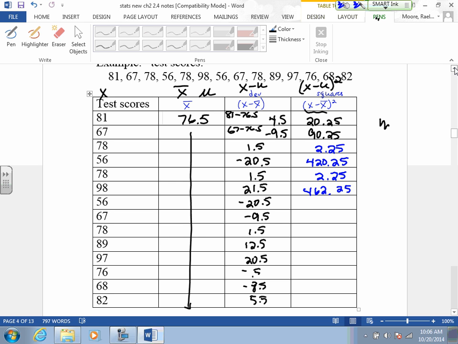This is the same as the other one, 420.25. 90.25. 2.25. 156.25. 420.25. 0.25. 72.25. 30.25.